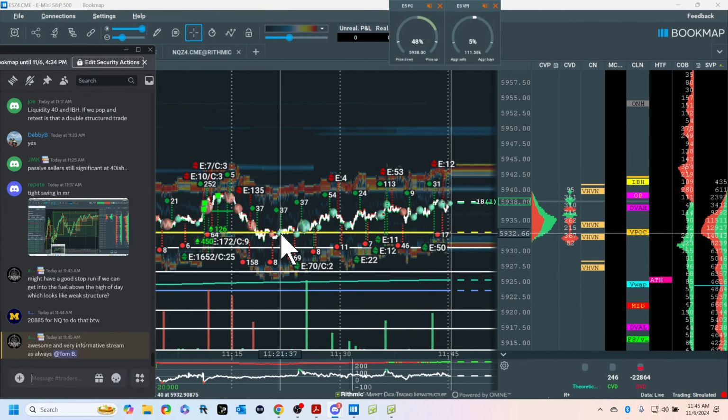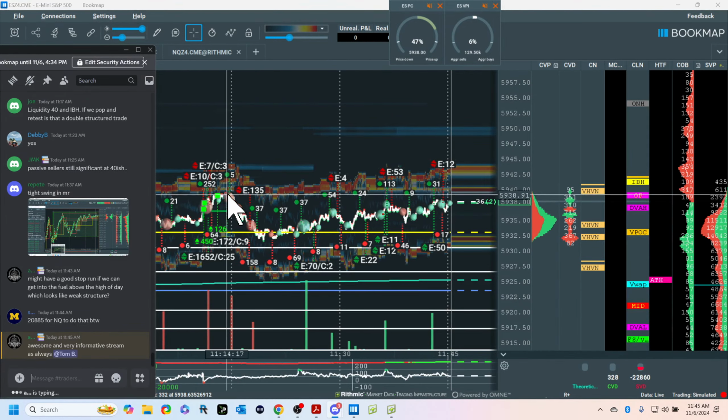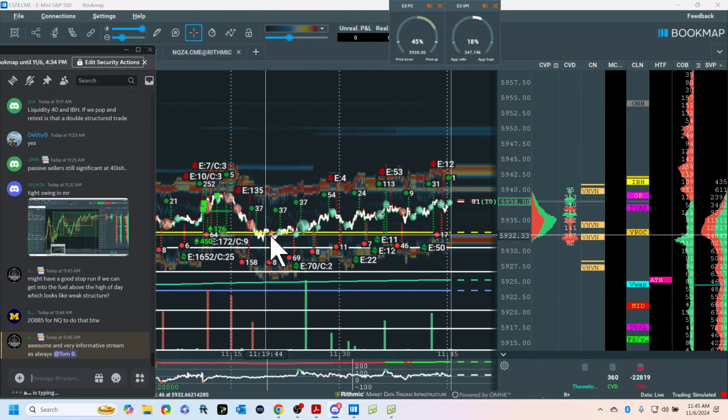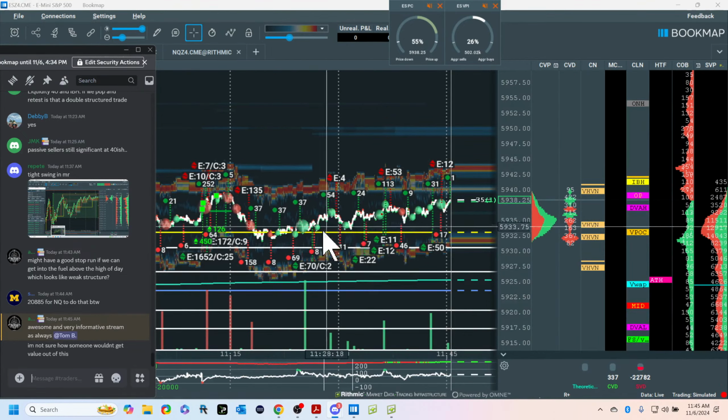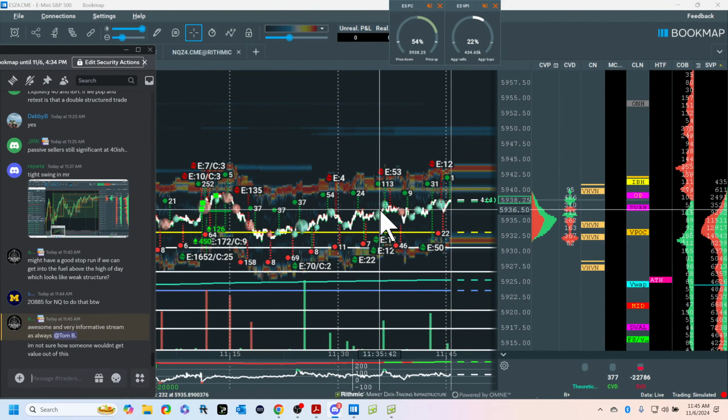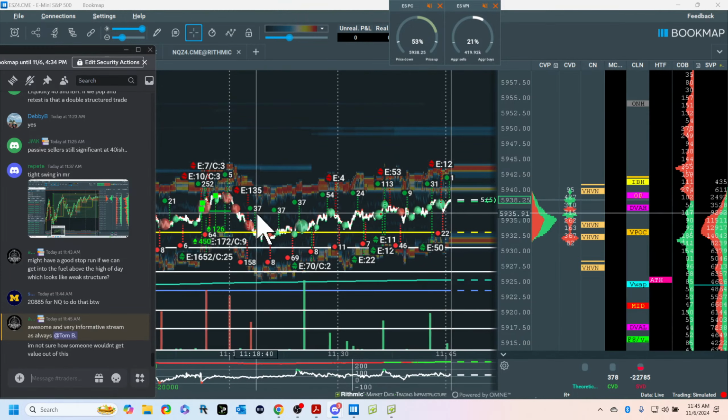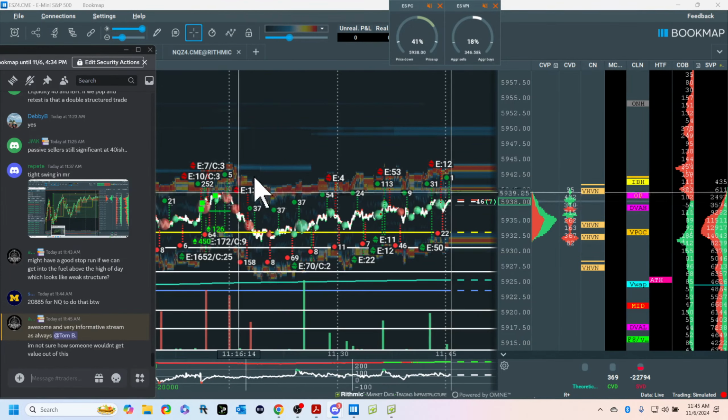Since I don't use indicators, what am I doing? I'm looking at the participant behavior. If I can read this, does that give me an edge over traders that are waiting for some backwards looking math-based indicator to tell them what to do? Does an indicator tell me I should be fading this?